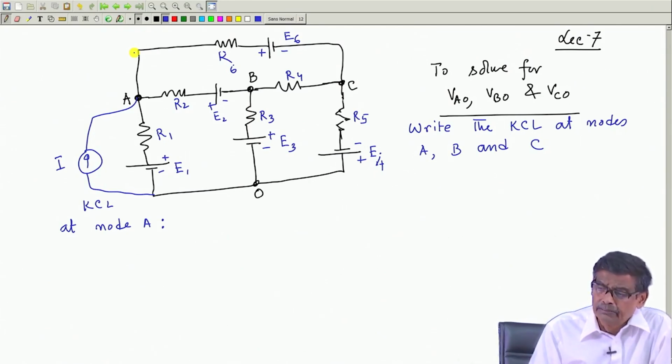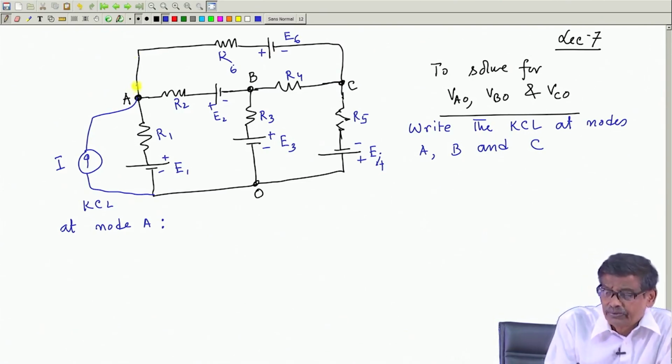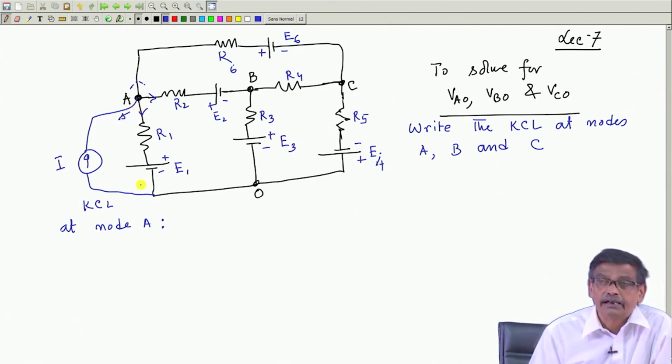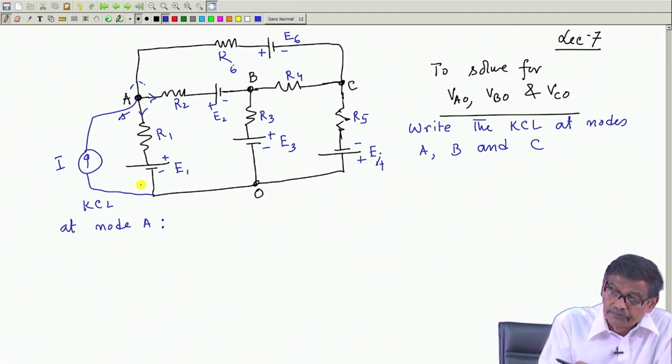The direction of currents is decided by me. So I just say that I will calculate current emanating from this node in this direction, in this direction, in this direction and in this direction, and the sum of all the currents will be 0. First calculate this current.